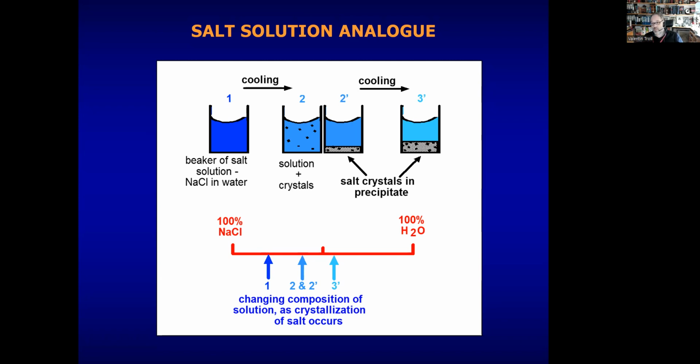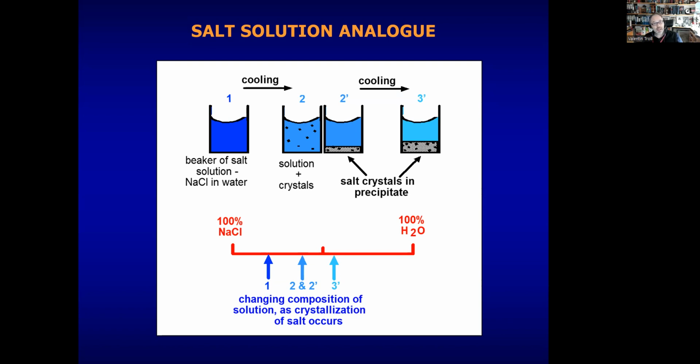Another example that some people have used is if you put a bottle of wine in the freezer, you will make water crystals, ice crystals, and the liquid that is remaining is very highly concentrated in alcohol.